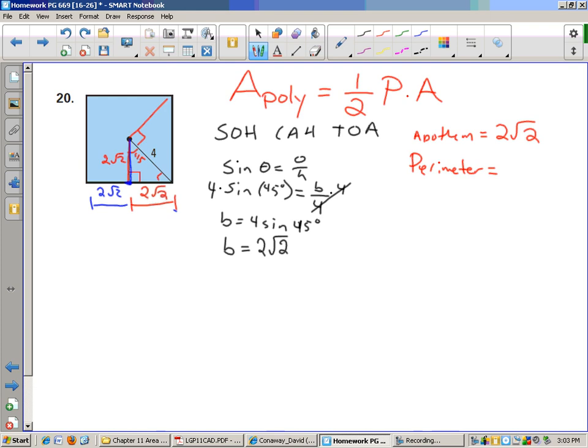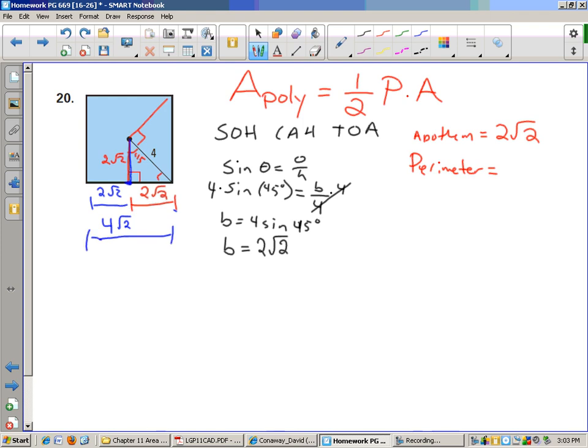Let's use a different word than x. Let's use dog. If this was 2 dog plus 2 dog, what do you got? It's not 4 dogs squared. So 2x plus 2x is 4x. So 2 root 2 plus 2 root 2 is 4 root 2's, right. So this is 4 root 2's across there.